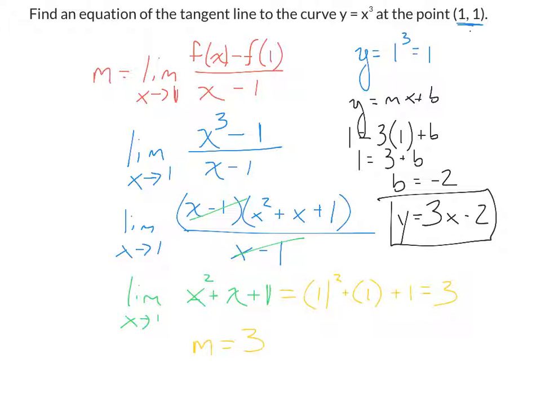And if I graph, I'll just draw a rough sketch of this down here. y equals x cubed sort of looks like this. And if there's 1 comma 1, and we draw in our tangent line at that spot, we're going to have a y-intercept of negative 2 and a slope of 3. So this picture really illustrates the line that we came up with.